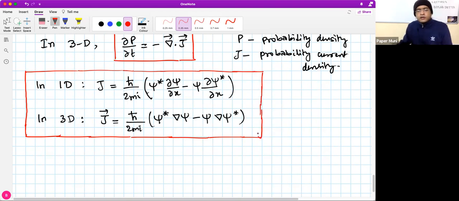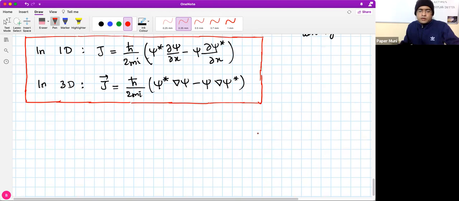Now let's write down a few points. How do we interpret this current density?